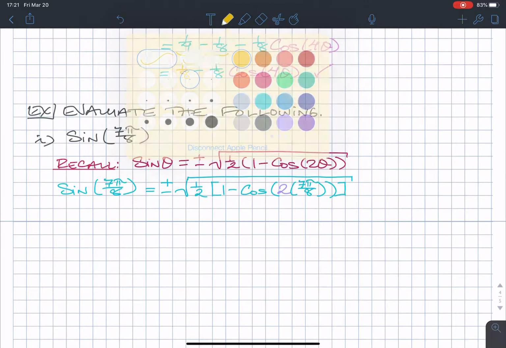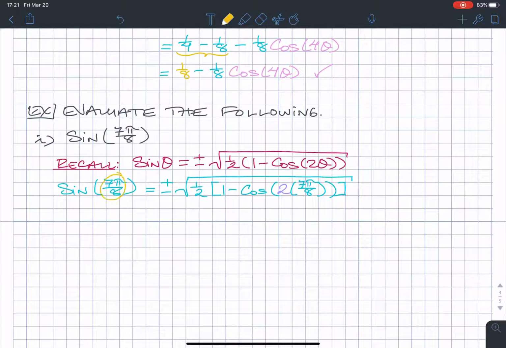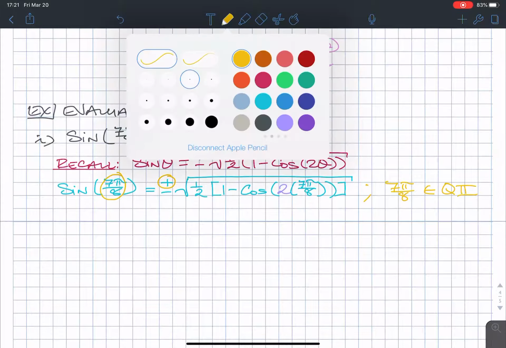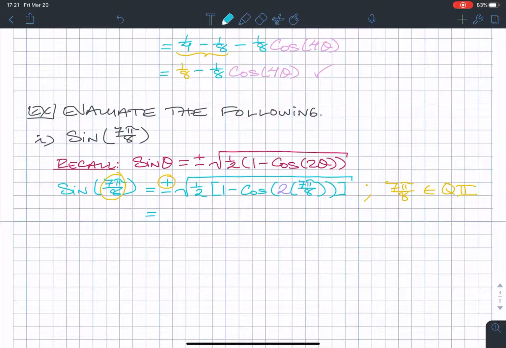And since my angle, 7 pi over 8, is in quadrant 2, I know that I'm going to choose for sine, which is a y-coordinate, plus. Okay, so what do we get? We get the positive square root of 1/2 the quantity, 1 minus cosine of 7 pi over 4, because 2 over 8 reduces to 1 over 4.